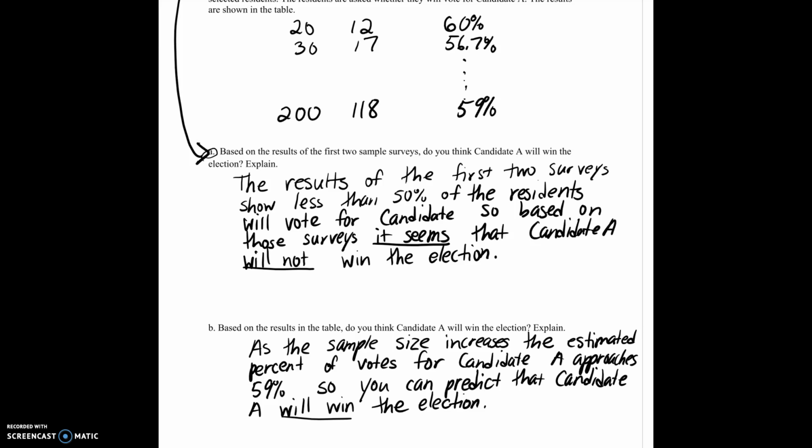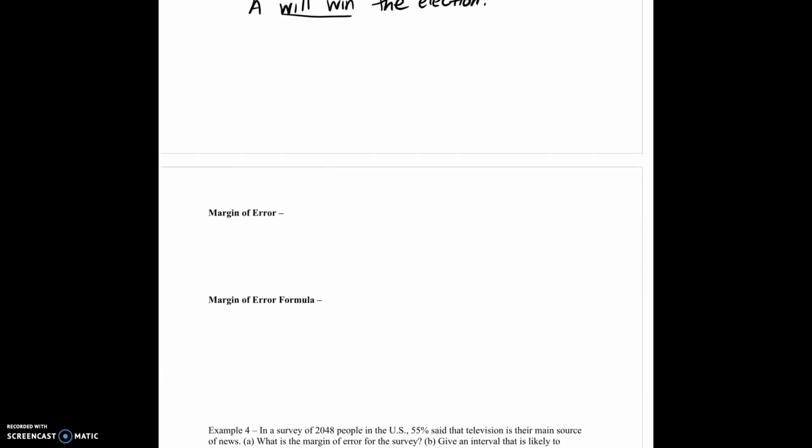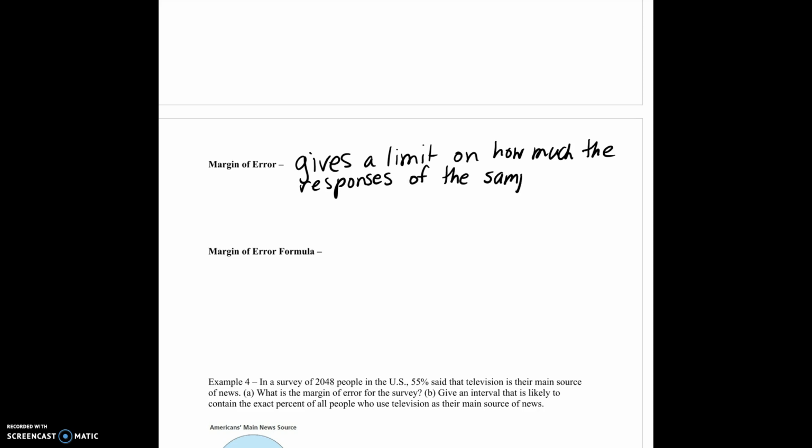And this last part that we're going to look at is called margin of error. And how we kind of look at our different data. So margin of error gives a limit on how much the responses of the sample would differ from the responses of the population.